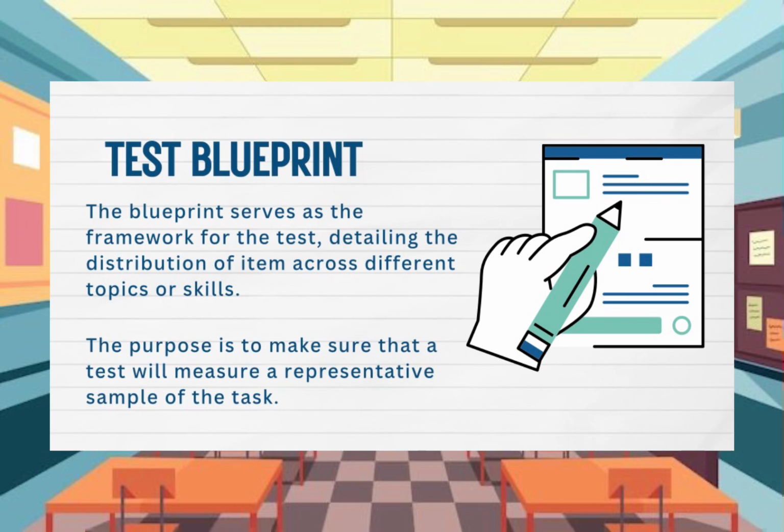For example, a science test blueprint might allocate a specific percentage of questions to various sections, ensuring balanced coverage of the curriculum. The purpose is to make sure that a test will measure a representative sample of the task.